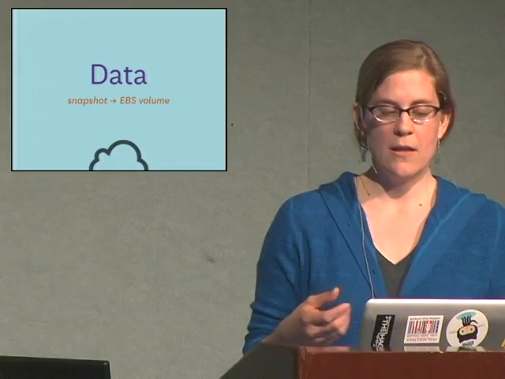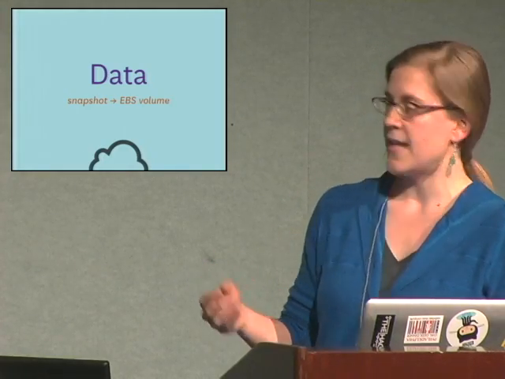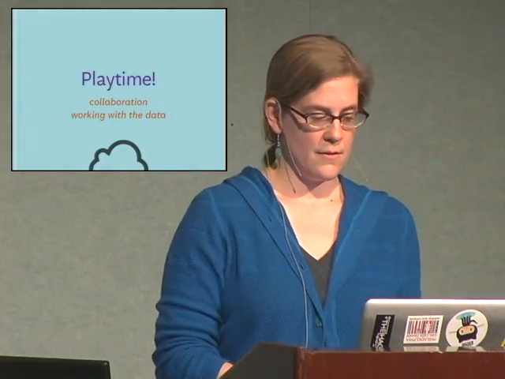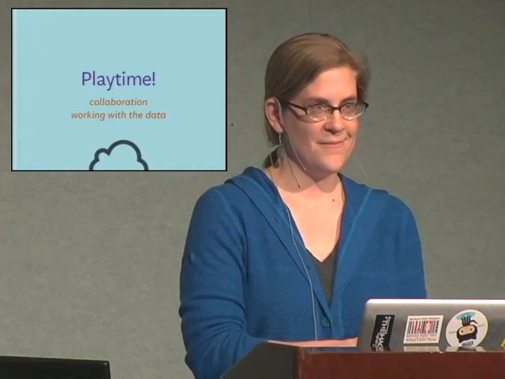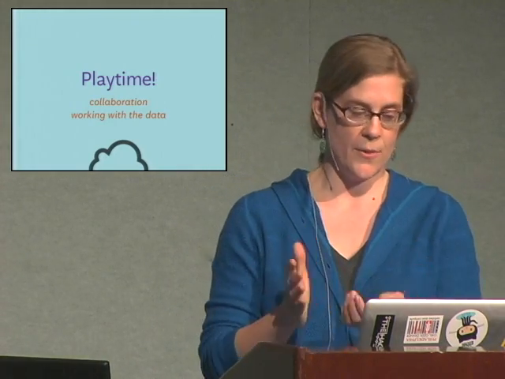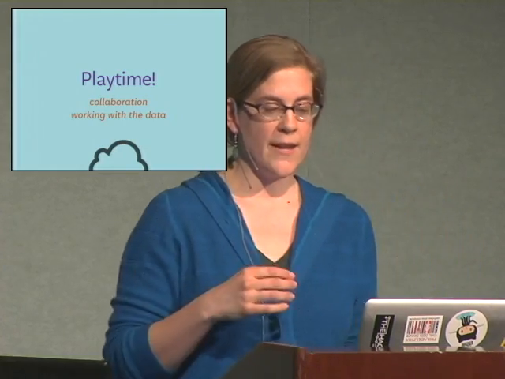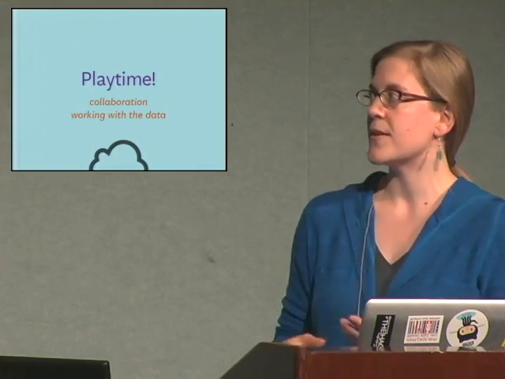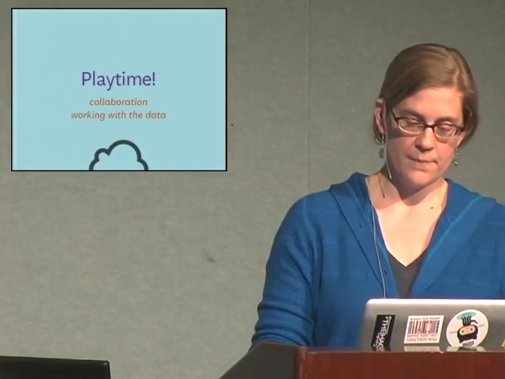So every time we launch an instance, it attaches our data. So now, playtime. We have this, what are we going to do with it? We have our working environment, and now we want to start exploring what we have there.